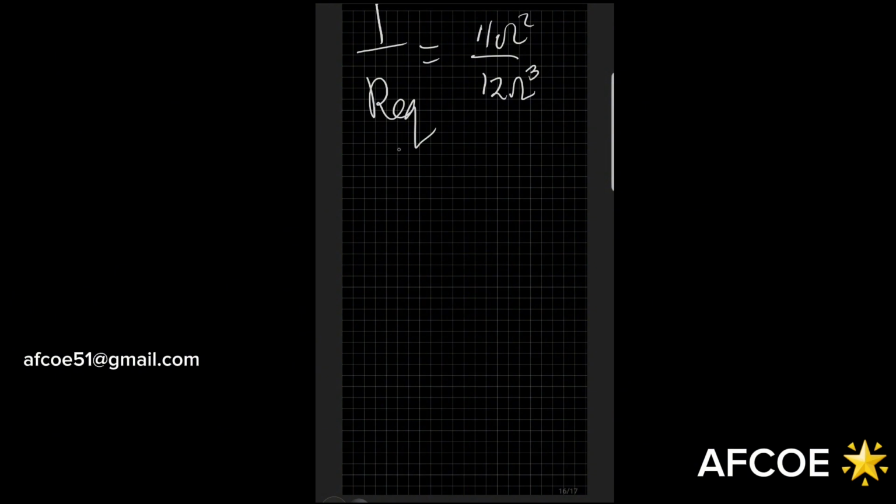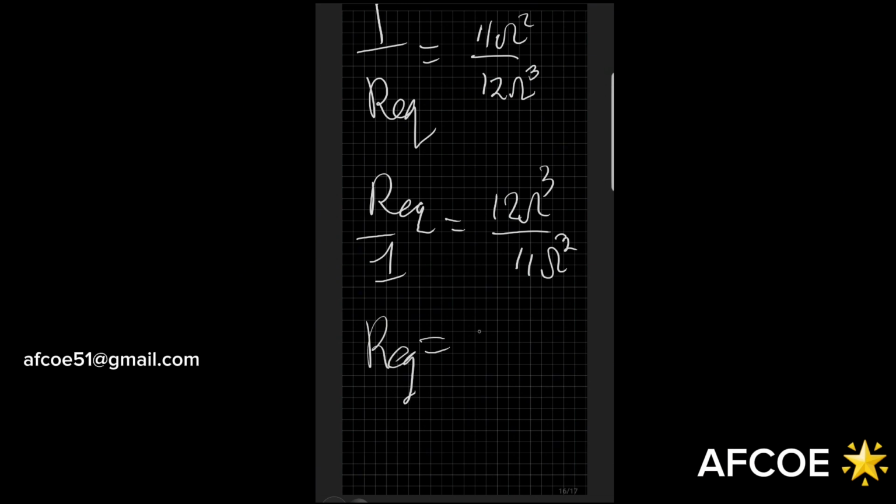So I can invert the fraction. R equivalent over 1 will be equal to 12 ohm cube over 11 ohm square, and R equivalent over 1 is simply R equivalent, and ohm cube and ohm square cancel, so we'll be having 12 ohms over 11.